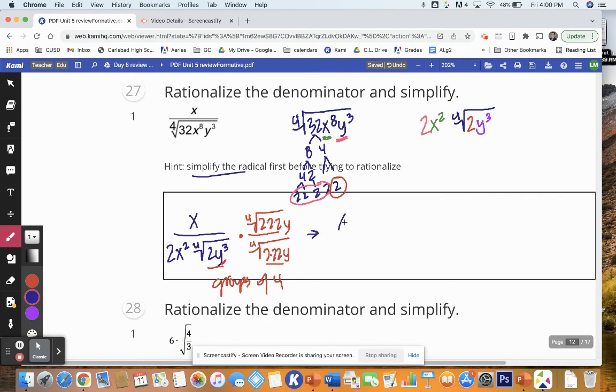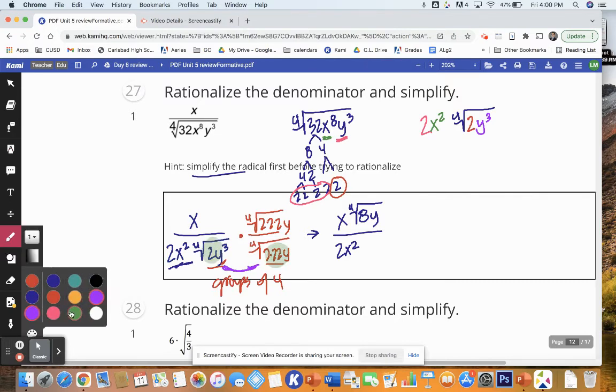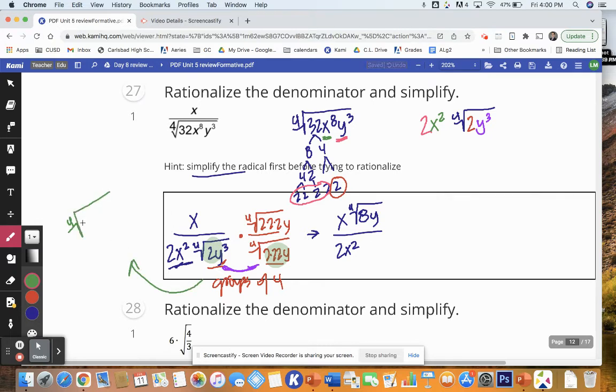All right, on top I have x times the 4th root of 2 times 2 times 2 is 8y. On the bottom, I still have this 2x squared. And then when I multiply these two together, let me do it over here, I would have the fourth root of 2222 y, which is just 2y.